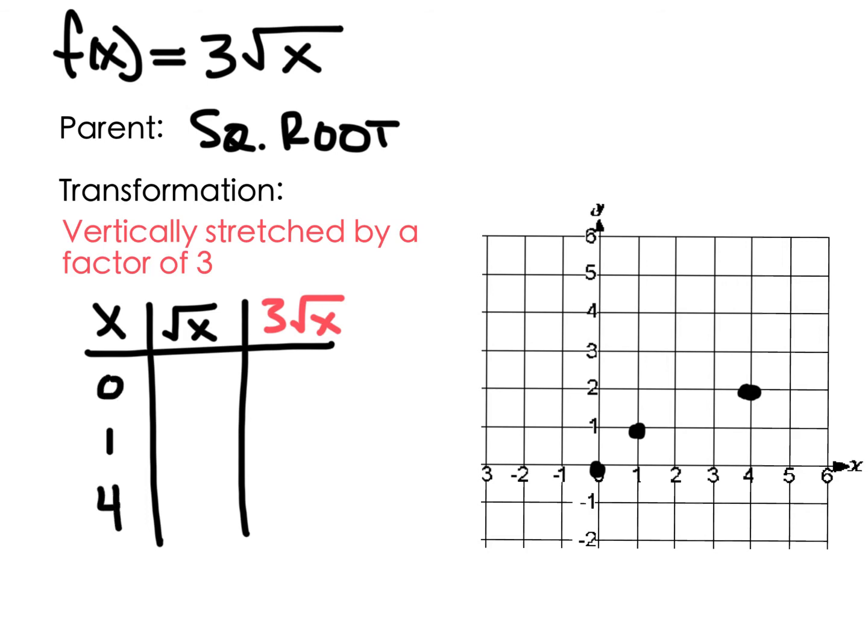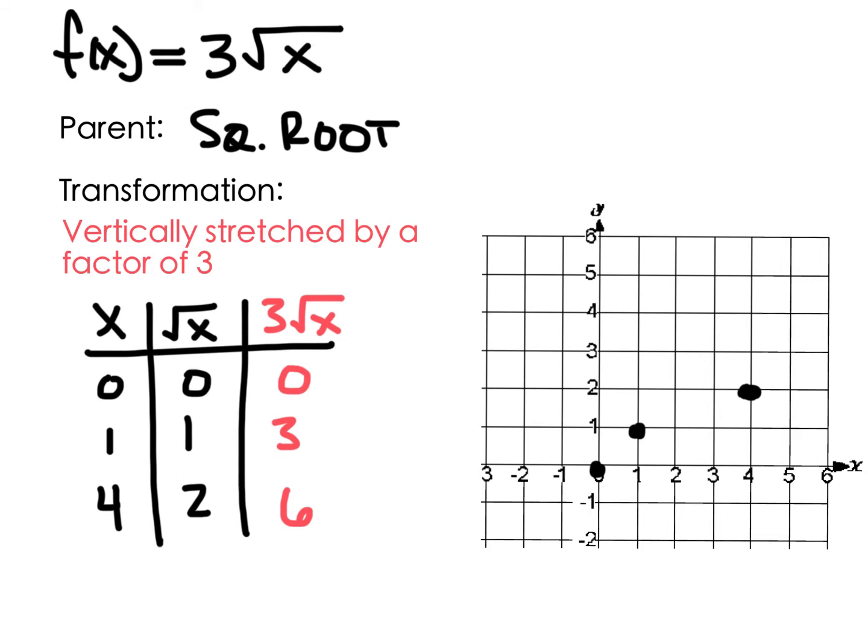And then the square root of x, those were the y values because f of x equals the square root of x for a parent function. So square root of 0 is 0, 1, 2. And then to find our new stretch, we're just going to take our parent function values and multiply them by 3. So this would be 0, 3, and 6.